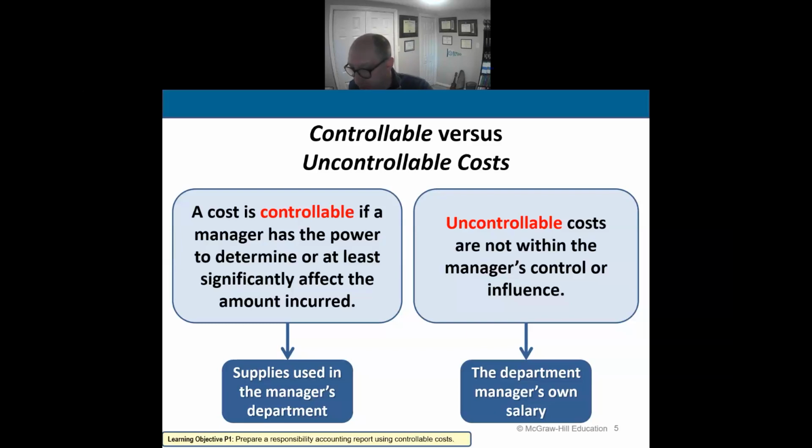Yeah, I can control those things. And even the managers can control the cost within their departments. The front office, the front desk, they can control the amount of supplies that they use. The sales department, they can control the amount that they spend on advertising.